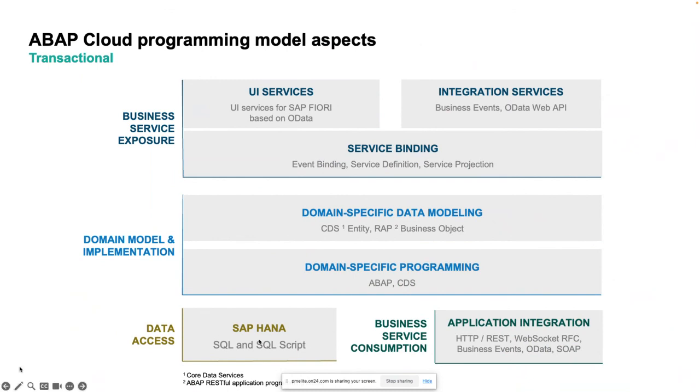Underneath everything, we have SAP HANA as a database, which is the go-to database for everything in ABAP Cloud, where you can access the data with OpenSQL or using SQLScript for special things.